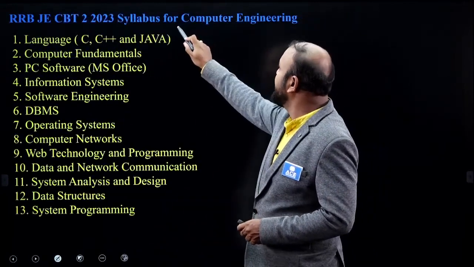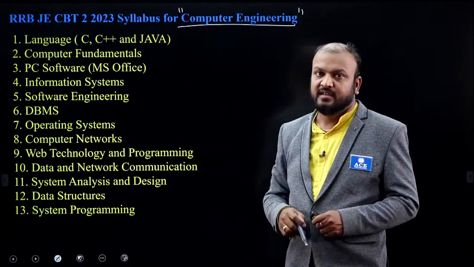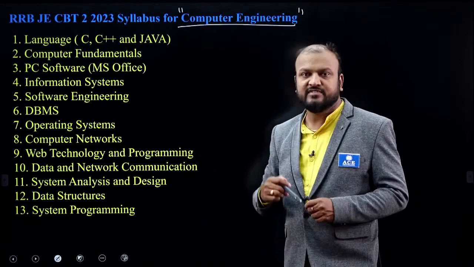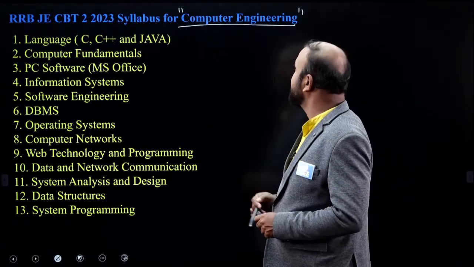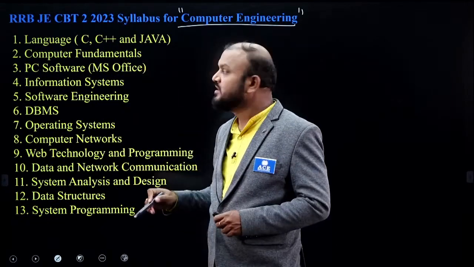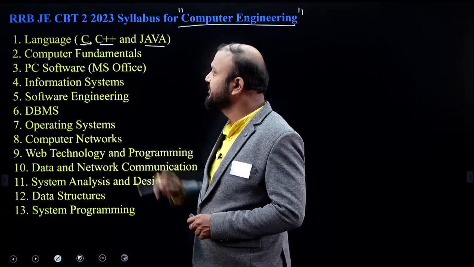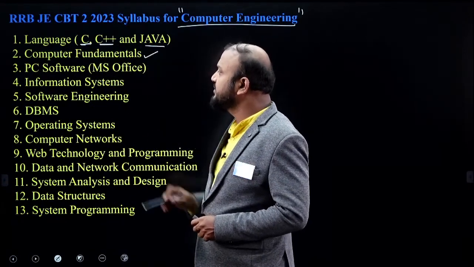And coming to computer engineers, as I told you, it is stream specific. Every stream will have a separate syllabus. For computer science and engineering, the syllabus will include languages: C programming, C++ and Java, and computer fundamentals.